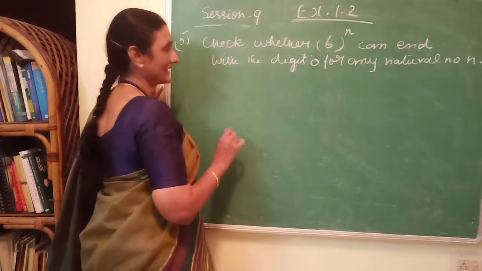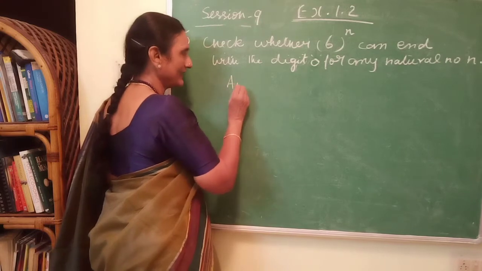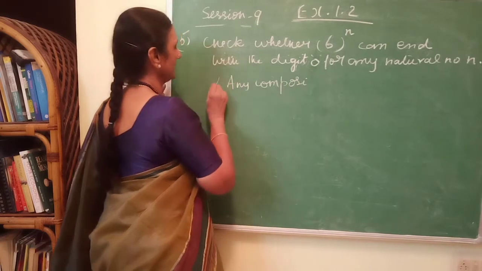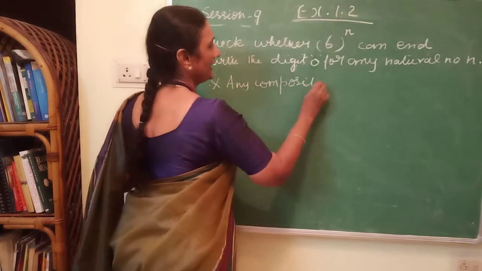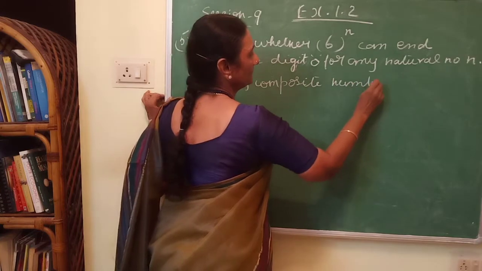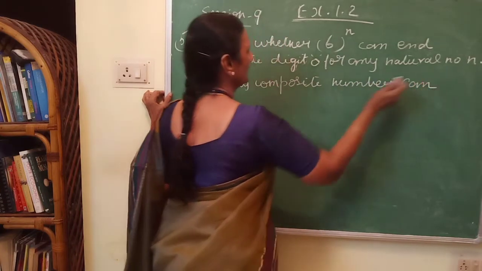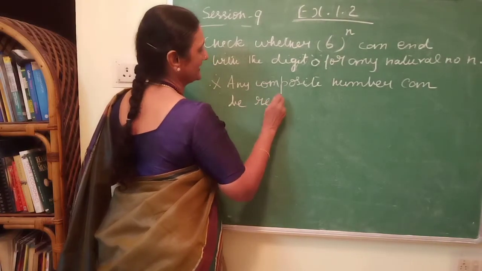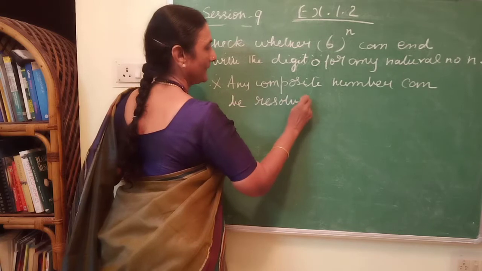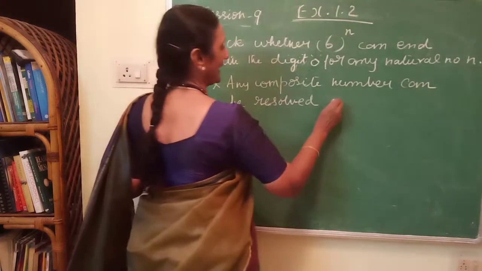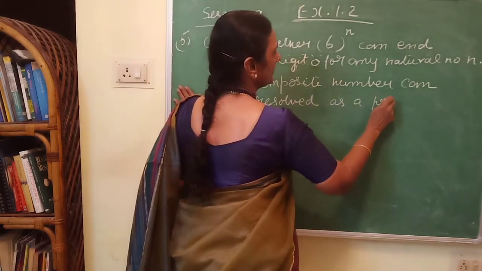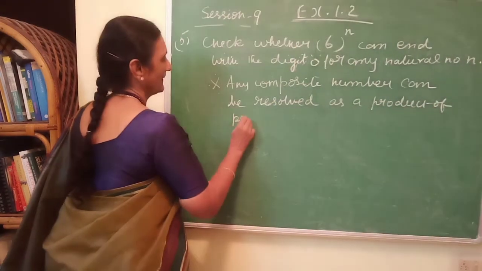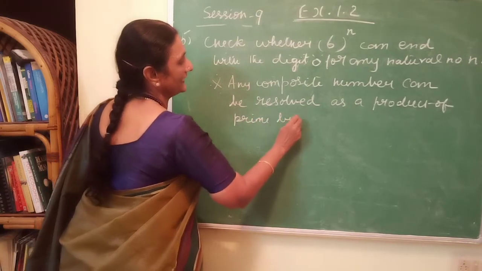So what you have to write as a first statement: any composite number can be resolved or factorized, or written as a product of primes, by the fundamental theorem of arithmetic.